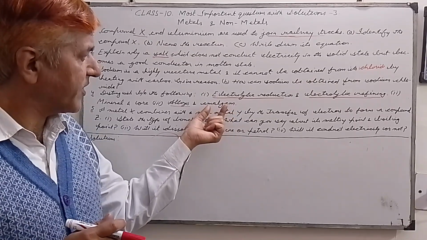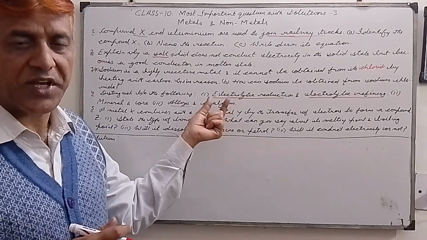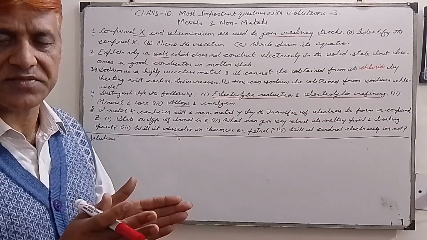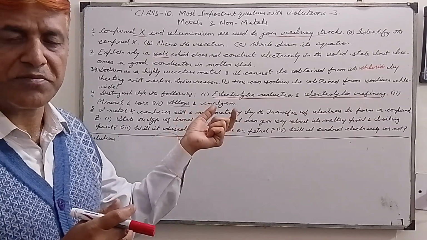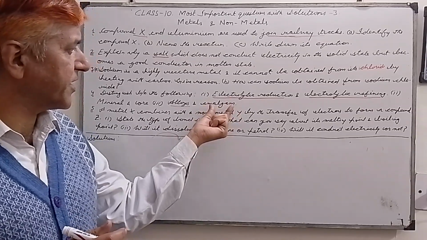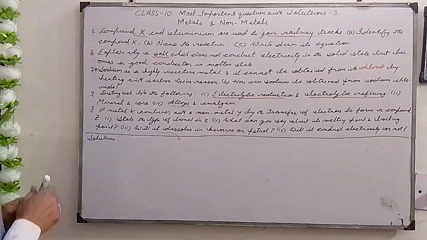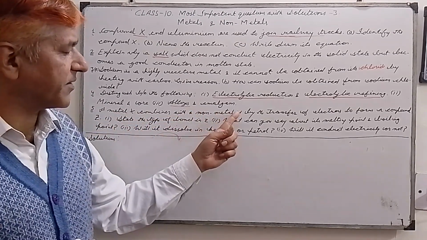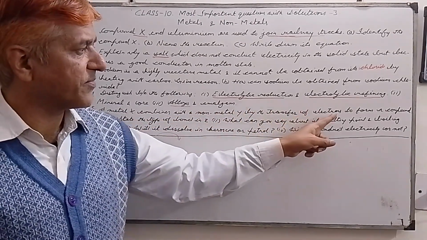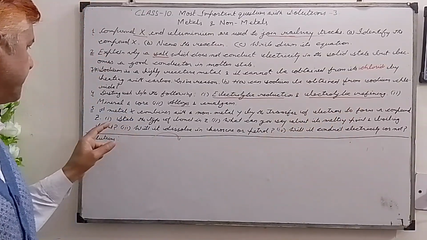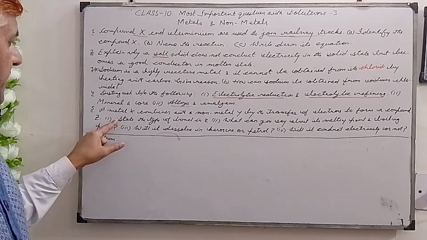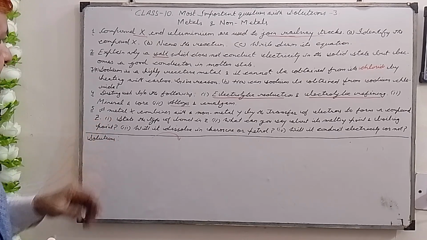Once again, amalgam is an alloy in which one of the components is mercury metal. Question number 5, a metal X combines with a non-metal Y by transfer of electrons to form a compound, compound Z.